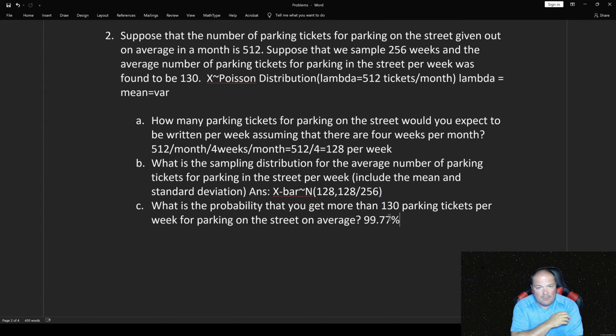If I give you a set of data and you just say, well, n is bigger than 30, so I can use the central limit theorem, that's not correct. You have to be able to show that one of those two conditions is met. Either it's normal and you know the variance, or you don't know the distribution, but you know the parameter values. In this case, it only worked because we knew lambda was 512.